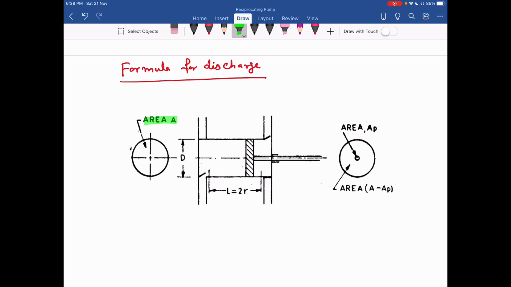When my piston moves from extreme left, that is from this side, to extreme right, that is this side, I can mark here, this is my piston movement. That piston movement I can represent by L. This L is called the stroke length.